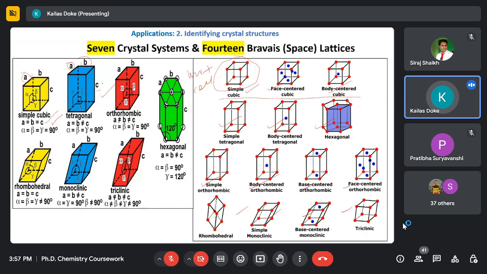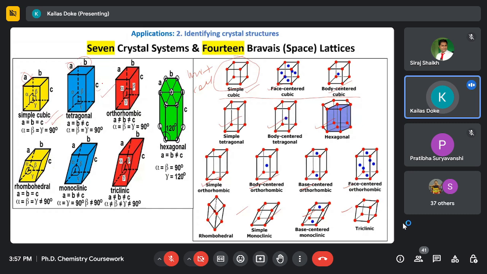This can be analyzed from the diffracted peaks using some mathematical calculation, using Bragg's law on the powder diffraction patterns.